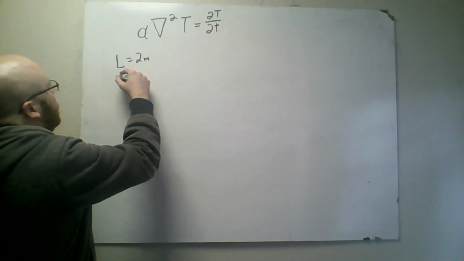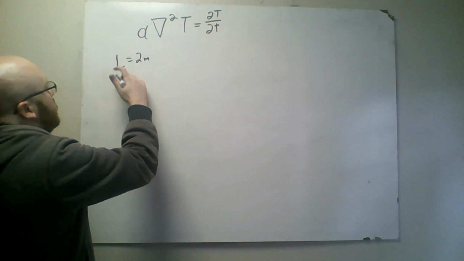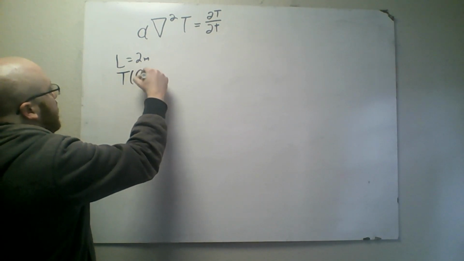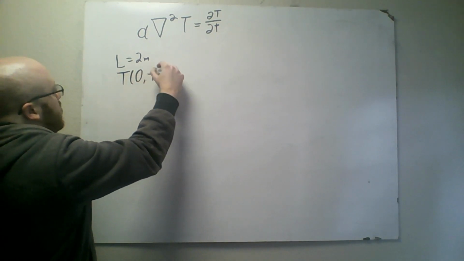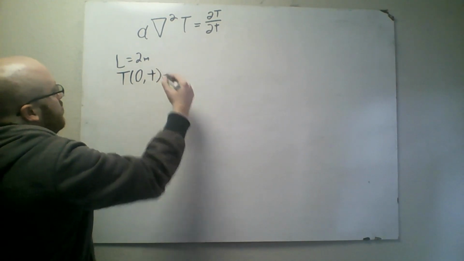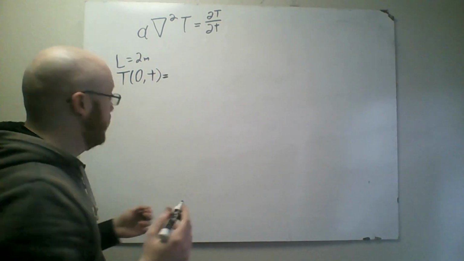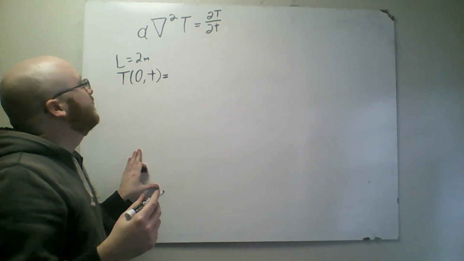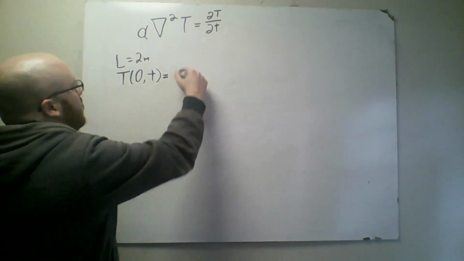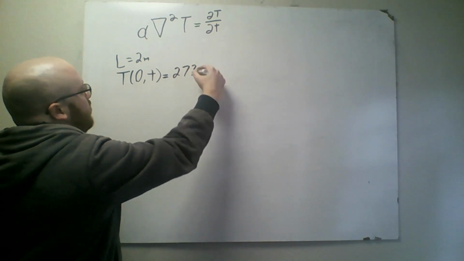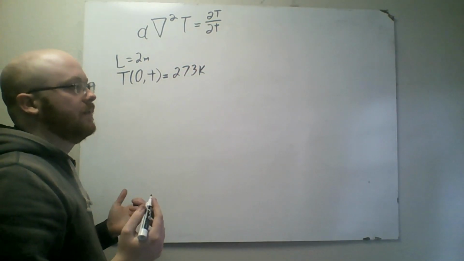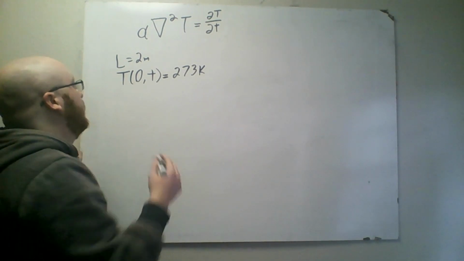So we're going to do that one first, and we do that by imposing what are known as boundary conditions. These are pretty simple. The first one is we're going to say that the temperature at x equals 0 for all time is equal to, let's just pick a number, say 273 Kelvin. This is the freezing temperature of water. That means 273.15, but whatever.